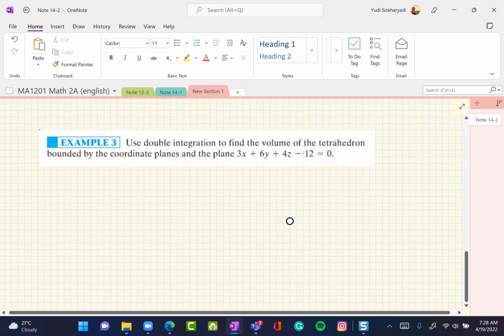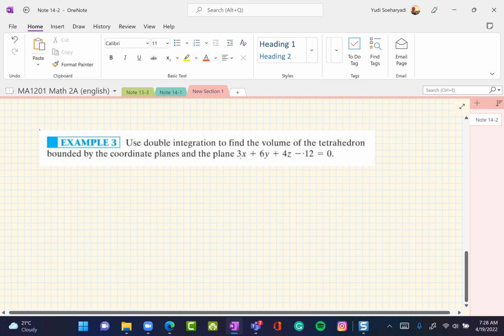Okay, now this one is to find the volume of a tetrahedron bounded by the coordinate planes and the plane shown here.